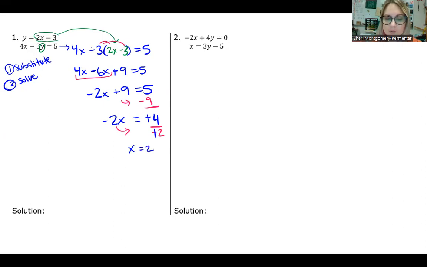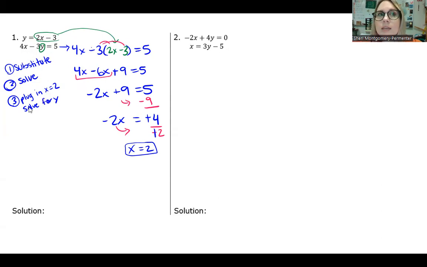So I just figured out what my x is. Now I'm going to take my x. Okay, so I solved, and now I'm going to plug in x equals 2 to solve for y.